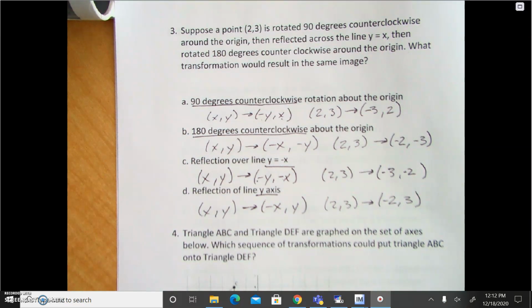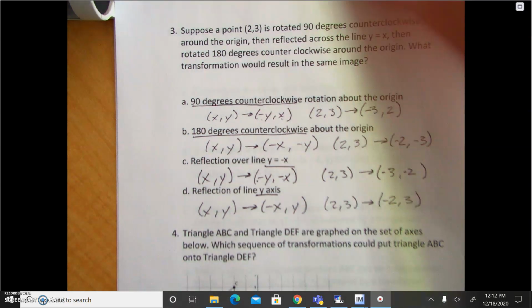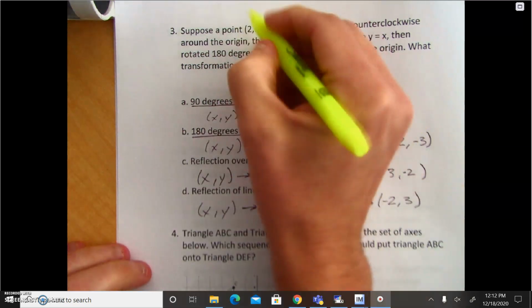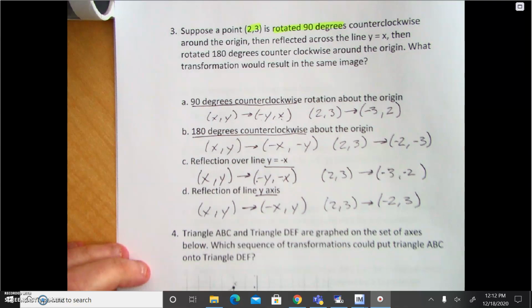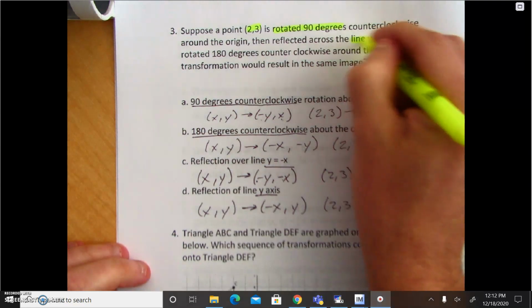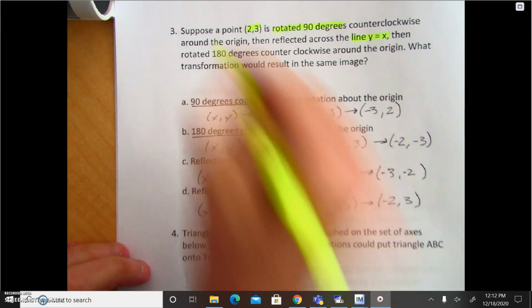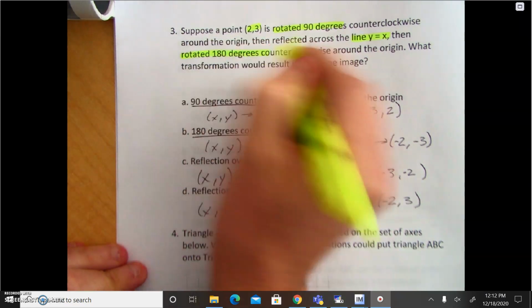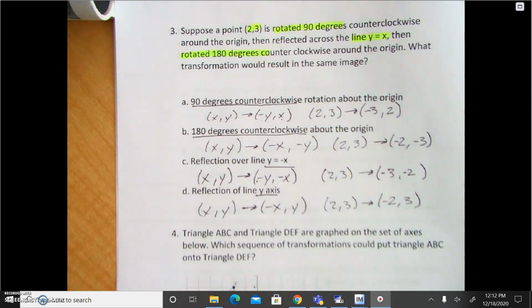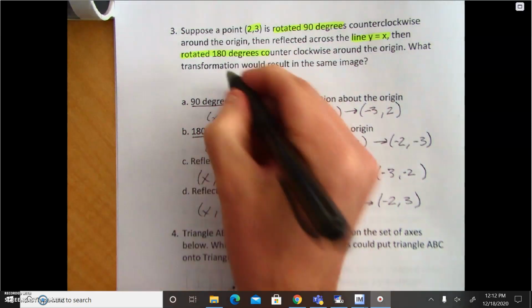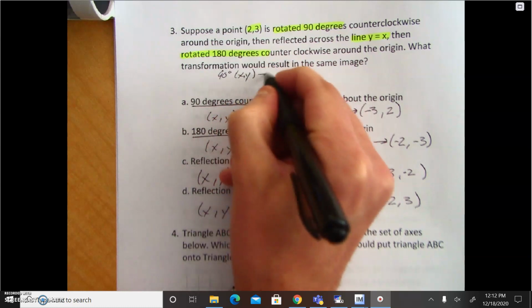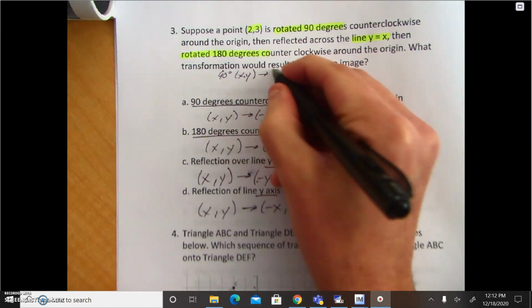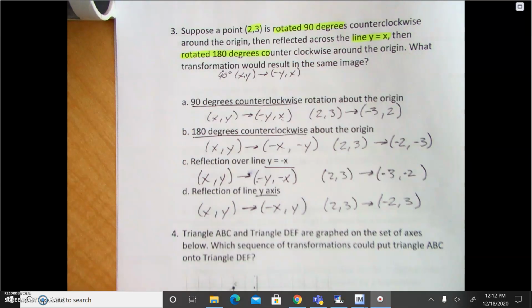All right, so now let's go back and look at our problem. So we start with 2, 3. We rotate 90 degrees, and then it's reflected across y equals x, and then rotated 180 degrees. So we have 3 different things. So let's think about this. My 90 degrees is (x, y) to (-y, x).